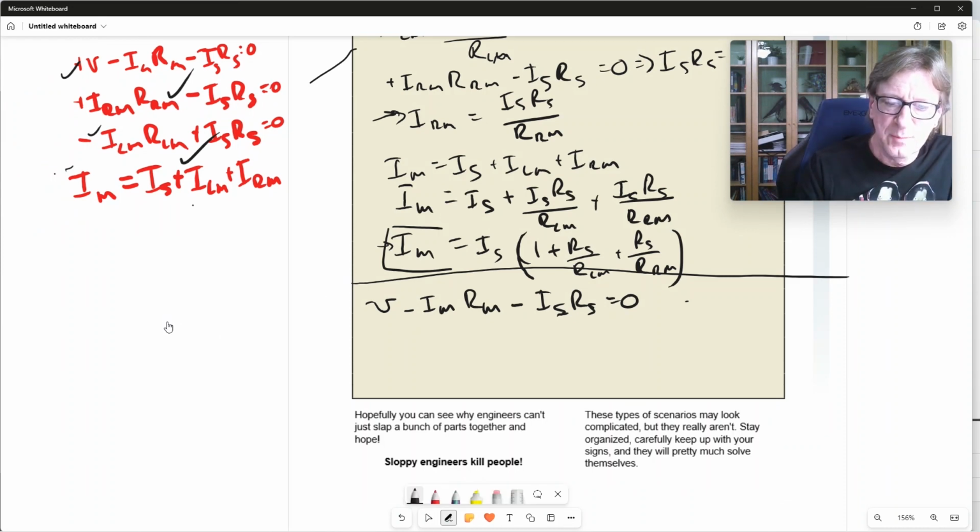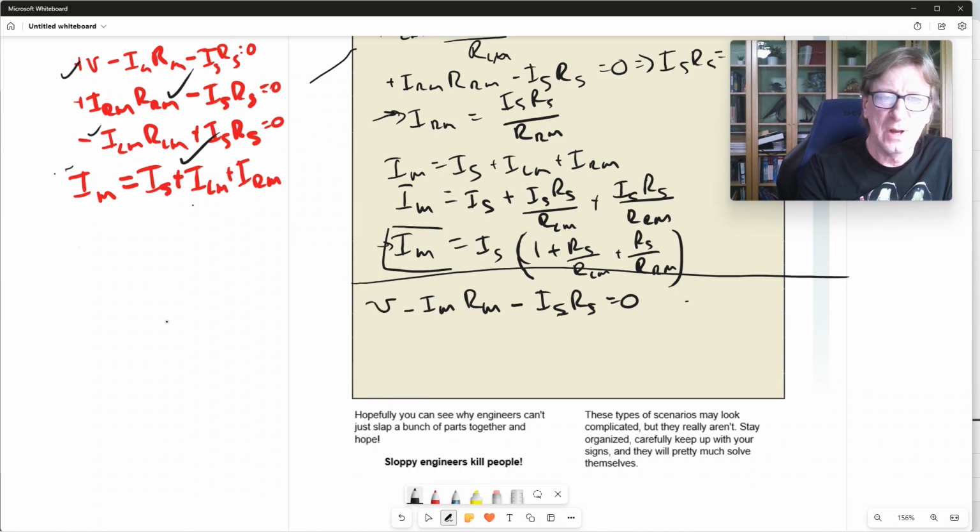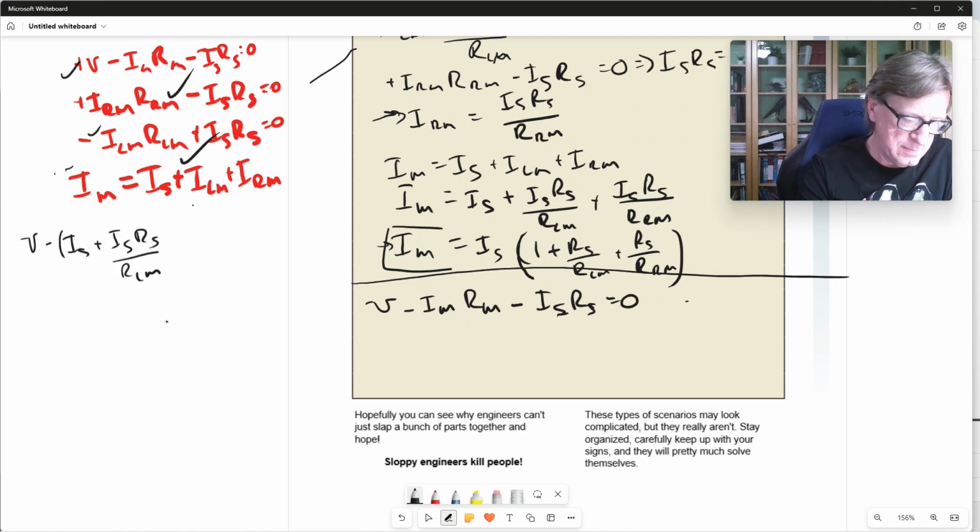All right, let me go to my black pen then, and we'll start with this over here. So I'm going to get the V by itself just to start off with. So I'm going to get V minus, let's plug in for IM first. So that's going to be IS plus IS RS over RLM plus IS RS over RM.